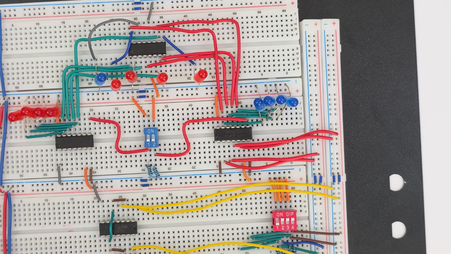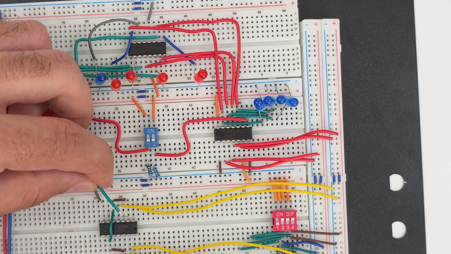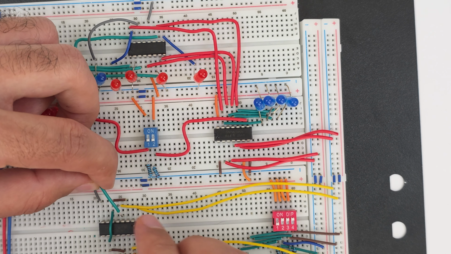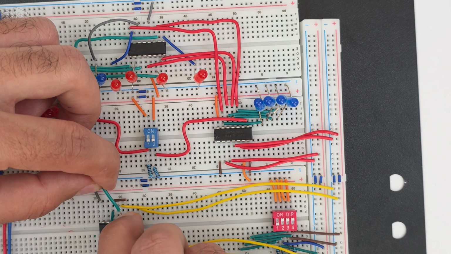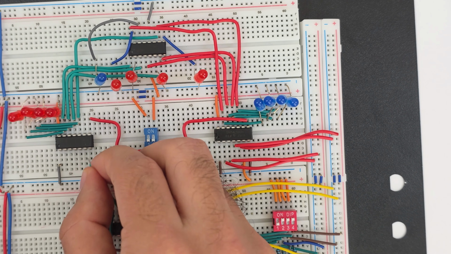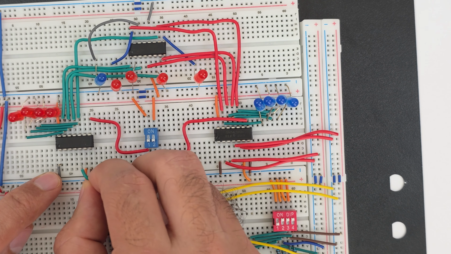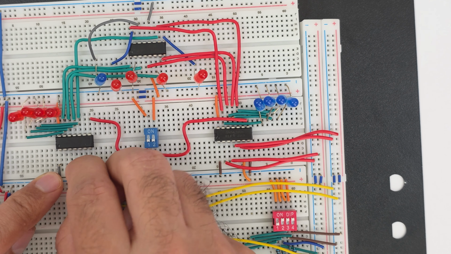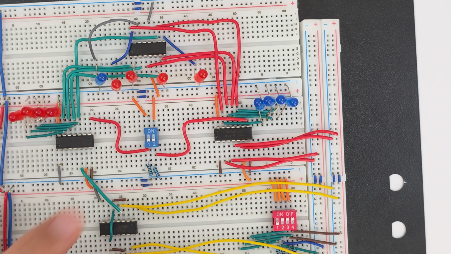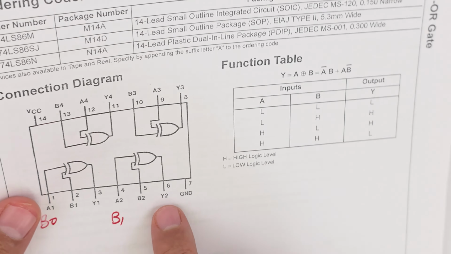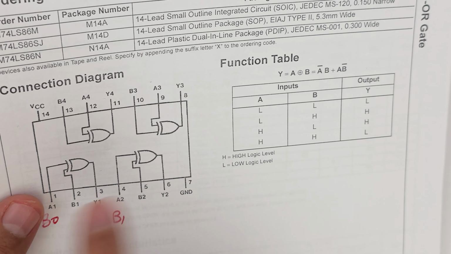One second. Yeah, pin number 3. Let me see if this works. Yeah, so this is pin number 3 to pin number 5. 1, 2, 3, 4, 5. Okay, and then we need the second output to pin number 6 in the register.